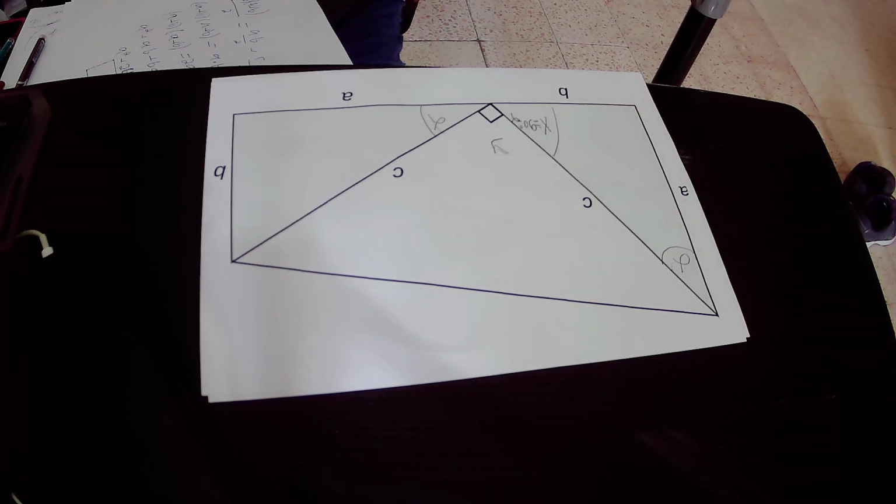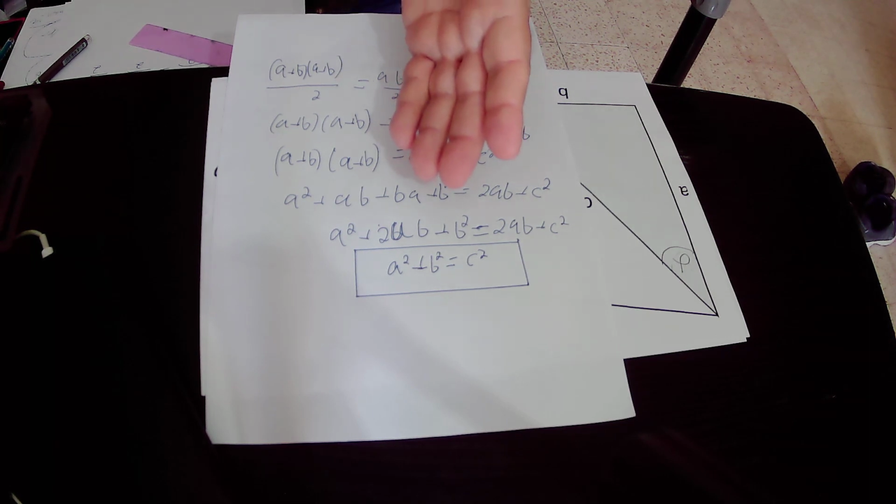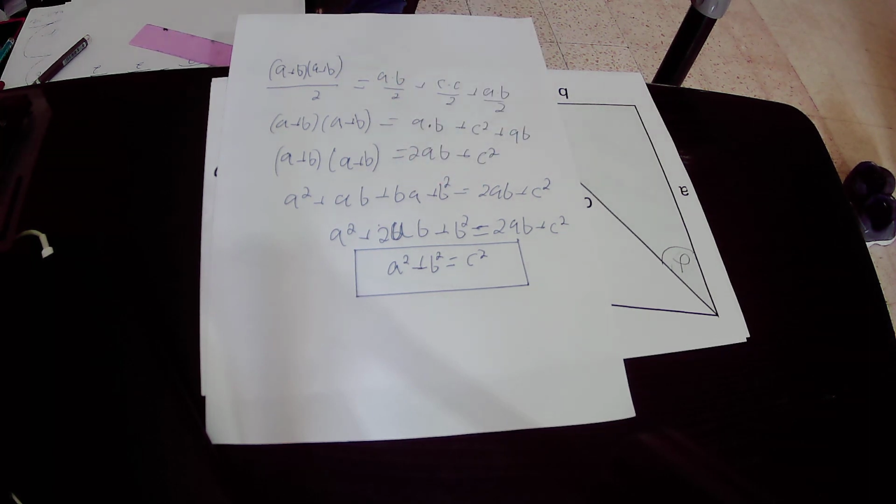Actually they are equal to each other, and from this equation we got the final result of the Pythagorean theorem that says that the square of the hypotenuse in the right triangle is equal to the sum of the squares of the perpendiculars.